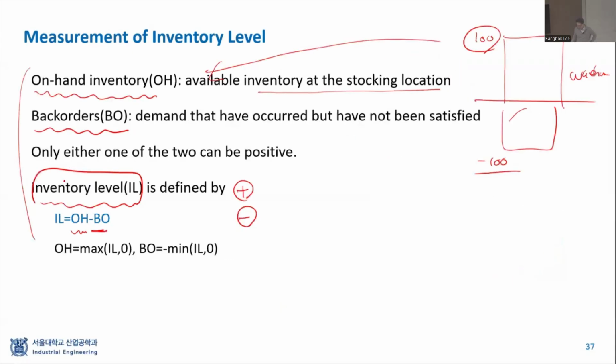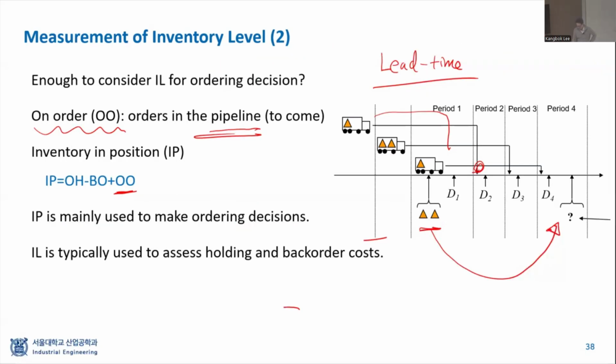Because of that, in addition to the inventory level, I need to define inventory position, which includes what is coming. If we forget about this amount of inventory, and if we make our inventory decision not based on this OO, then we are making a huge mistake, right?